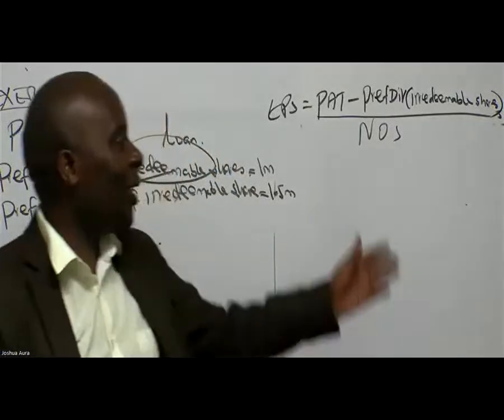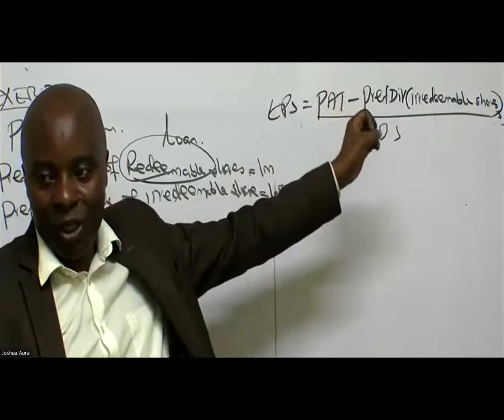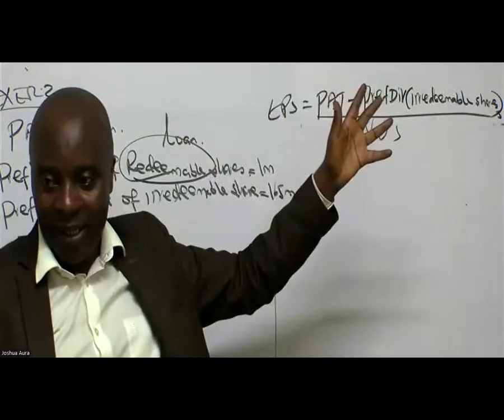So you can see I've already factored in preference dividends of irredeemable shares. I hope that makes this clearer.